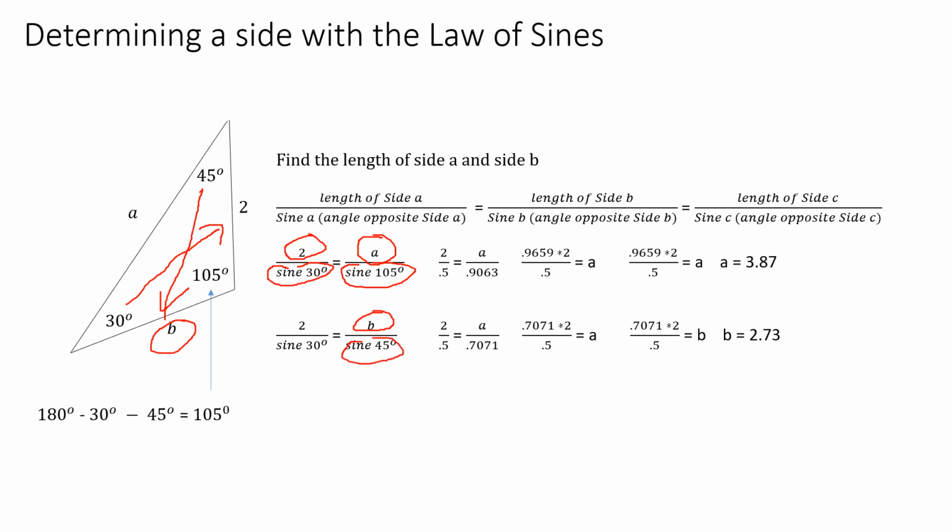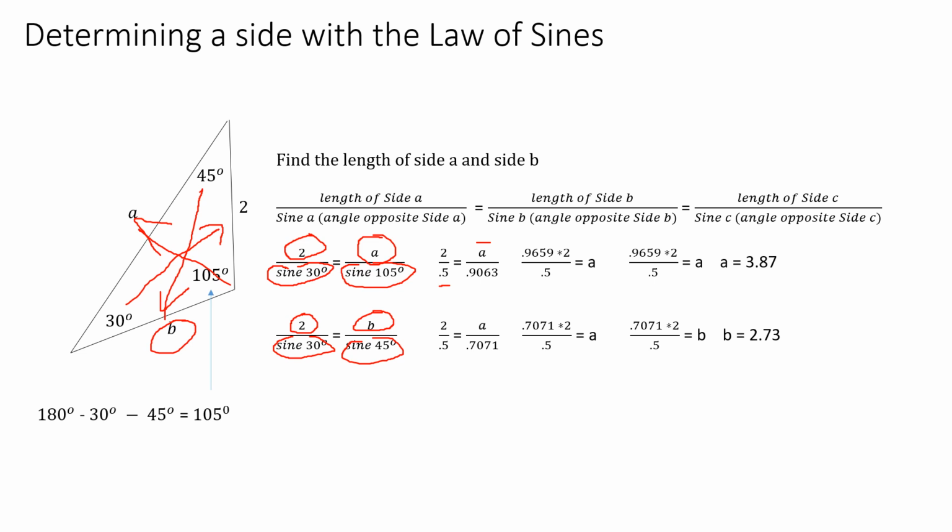Because we know the 2 and the sine of 30 degrees for the side, and we already figured out the angle of 105 right here, the opposite is A. And as I said a moment ago, the opposite of B is 45 degrees. So let's find what side A is. I got 2 here, and the sine of 30 degrees, I use a calculator, is 0.5. And then A is on the other side, and these are just proportions. That's all we're doing.